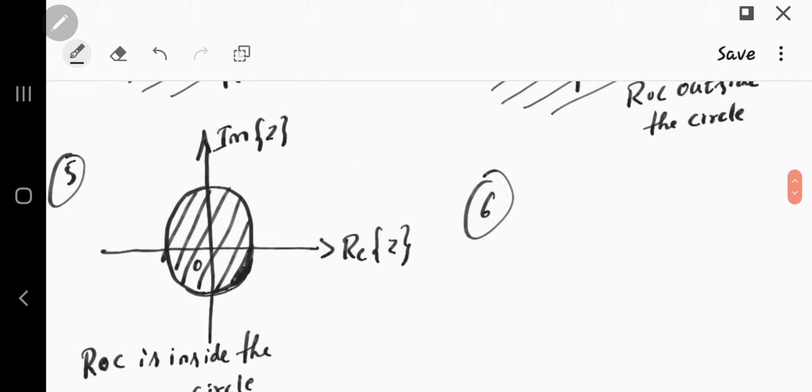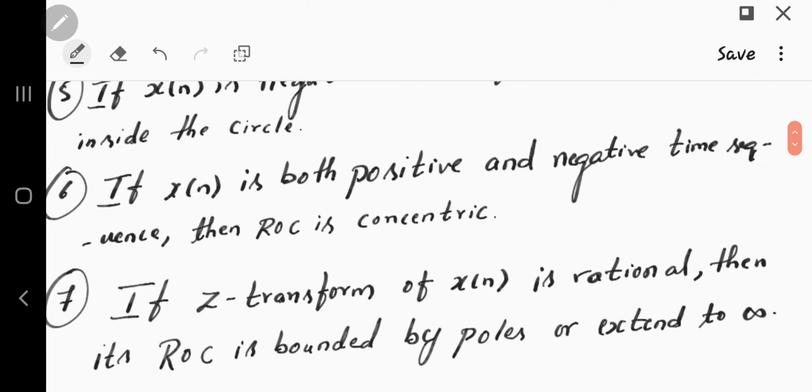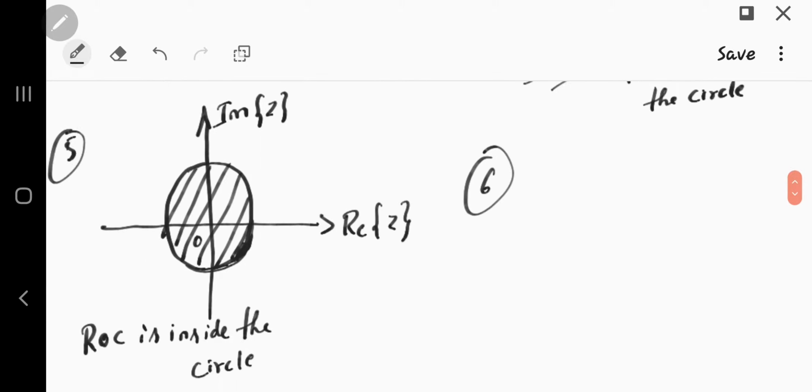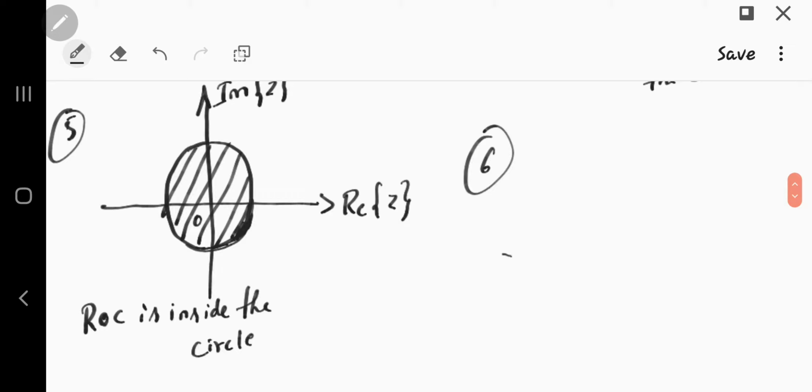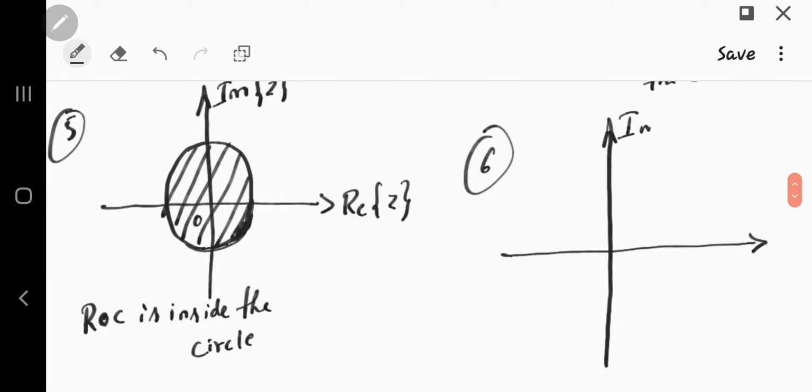Now the sixth one says if x of n is both a positive and negative time sequence, then the ROC is concentric. I think we have taken this example as well. I'm just rewriting it. We will have both a positive time sequence and a negative time sequence. For the negative time sequence, the ROC will be inside the circle, and for the positive time sequence, the ROC will be outside the circle.